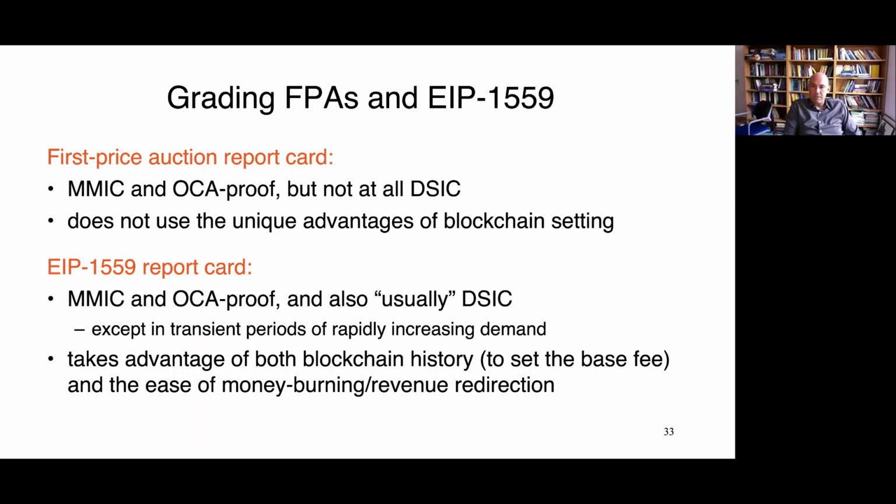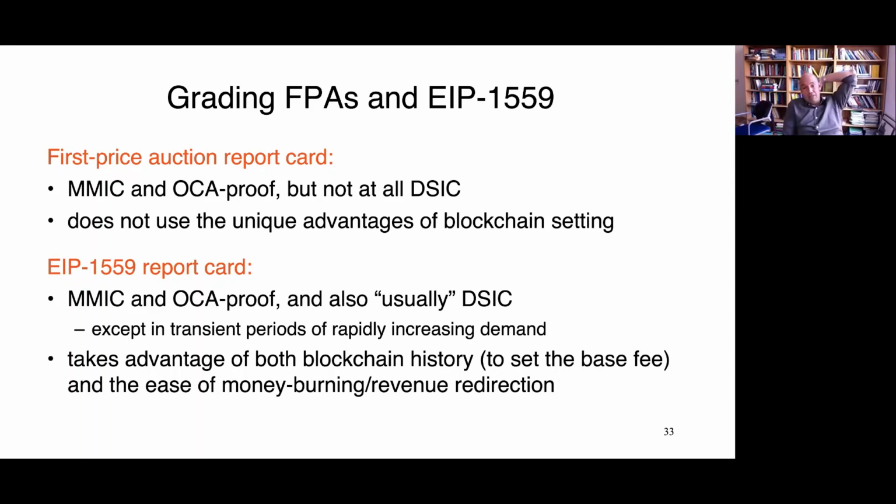It's crucial that the base fee revenues are burned. That's crucial for OCA proofness. So the proofs of those two properties do rely on details of the design. The proofs are not long, but they're sensitive. And so the details of the mechanism are meant so that those guarantees do indeed hold.